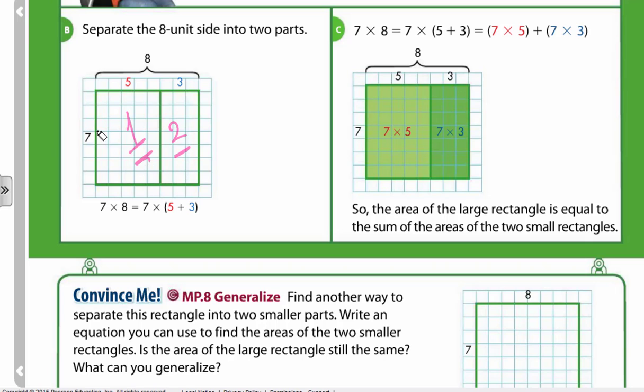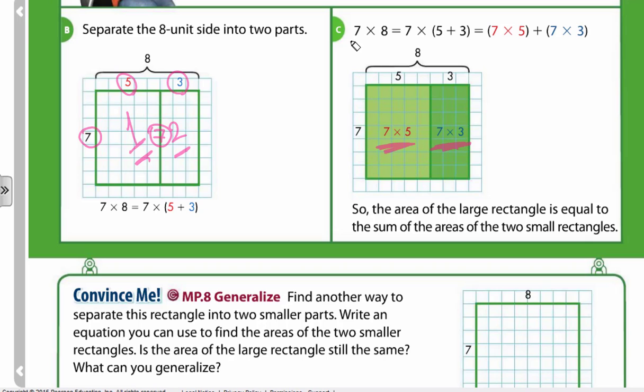So the first rectangle is 7 times 5, and the second rectangle, my heroes, if this is 7, so this is also 7. So also 7 times 3.